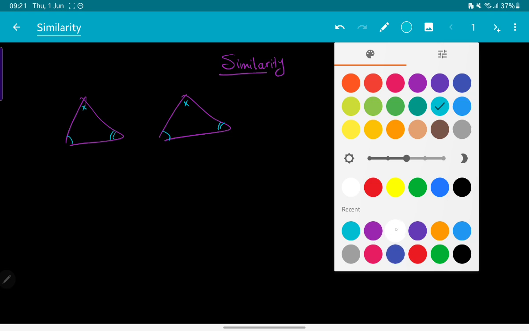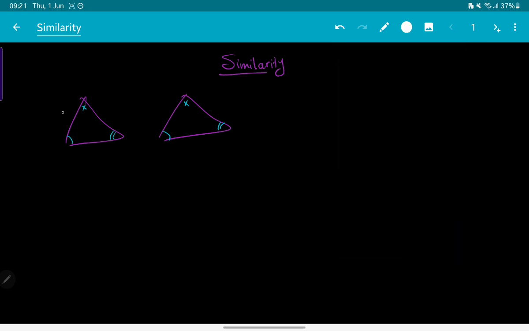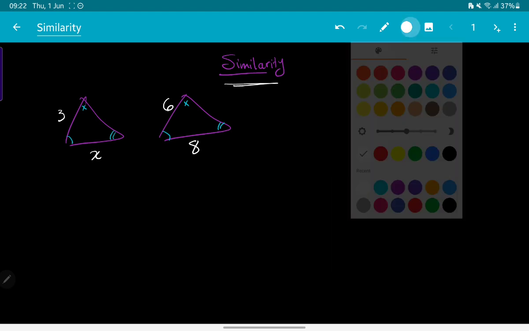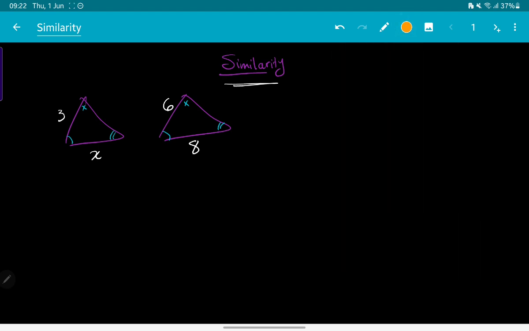So for example, if this side is 3 and this side is 6, and you are given that the two triangles are similar, this is x and this is, for example, 8. To find the value of x, you use the similarity feature, which is that the ratios between corresponding sides are equal.